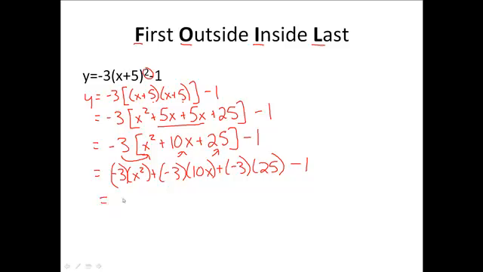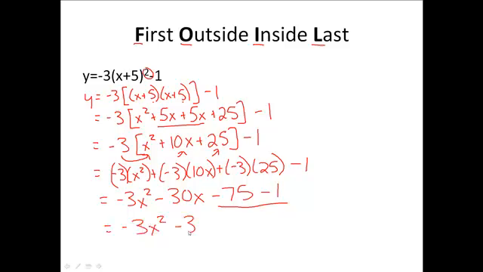So we have negative 3x squared minus 30x minus 75 minus 1. One more combining of like terms gives us negative 3x squared minus 30x minus 76. And you should be set to go.